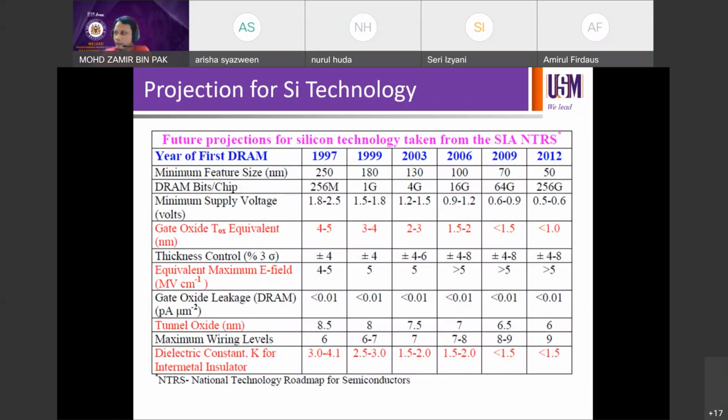When I joined Silterra, Silterra still had, I think, 300 plus nanometer, and down to about 180 nanometer, early 2000. But they're based on the capability of the fab. If the fab was already capable at that particular time, then of course they can manufacture much lower technology nodes. But at that time our capability was only down to 180 nanometer.